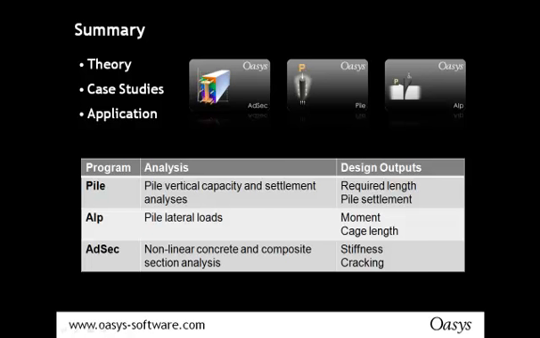So for Pile, it calculates the pile vertical capacity and settlement analysis, and the design outputs a required length and pile settlement. For Alp, the program calculates pile lateral loads, and you get outputs such as moment and cage length. And outputs such as moment, for example, feed into programs like AdSec, where you get the nonlinear concrete and composite section analysis, and you get values such as stiffness and cracking.